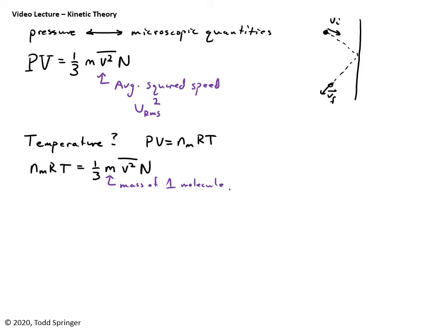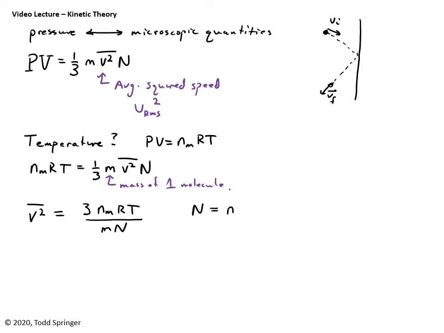All right, so let's do a little bit of algebra here. I'm going to solve for v squared. So v squared averaged is going to be equal to 3 times the number of moles times R T divided by m times N. Now, to go a little further, remember that the number N is the number of molecules.